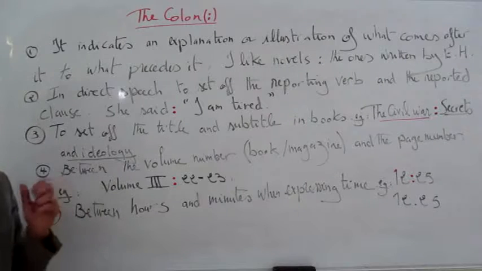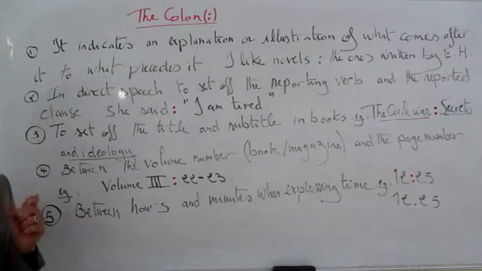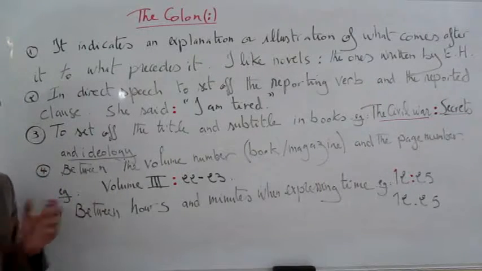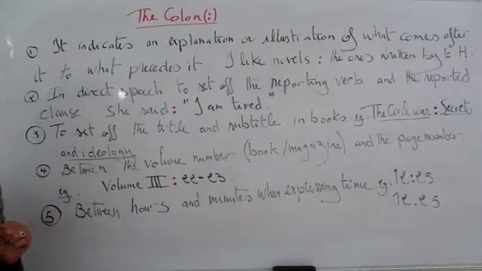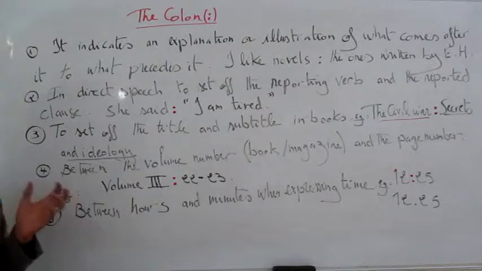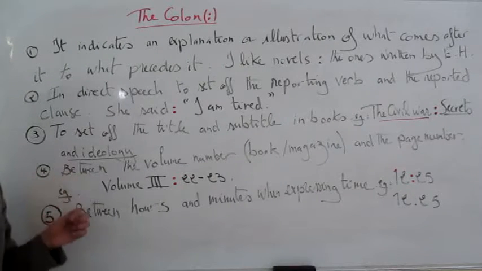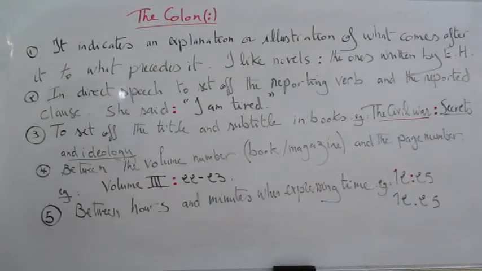Still, we have another important use which is related to the colon. We need to clarify it because it contains different cases and different ways of putting the colon correctly. So let's see it in this second part of this lesson.